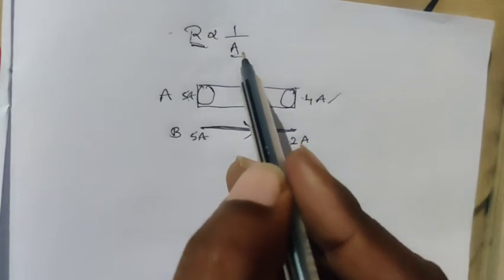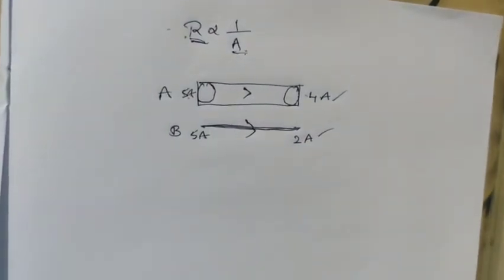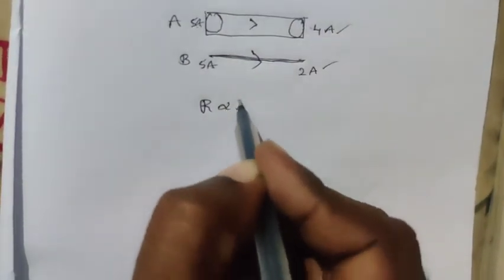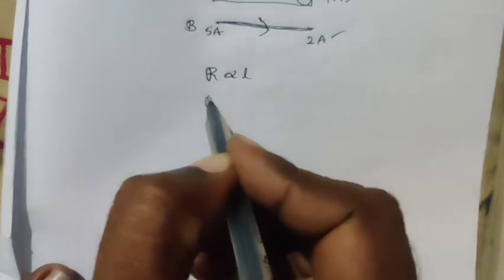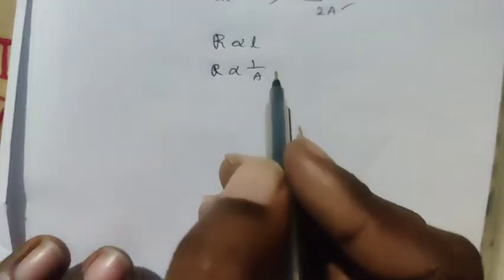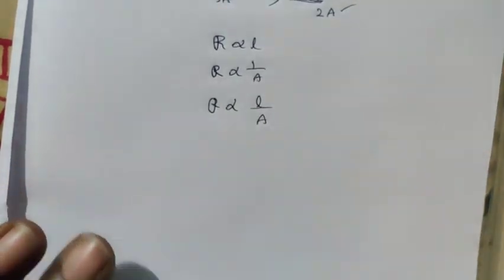Area decreases means resistance increases, then current flow will be less. So by these two equations, the first is R directly proportional to L, the second is R inversely proportional to A. From 1 and 2, R is proportional to L by A.